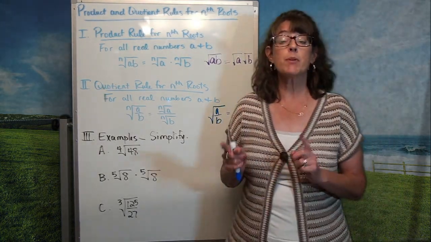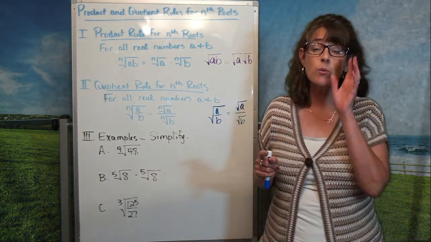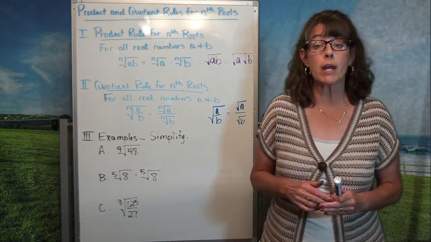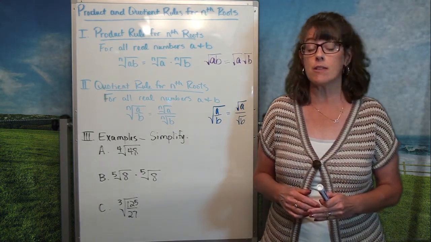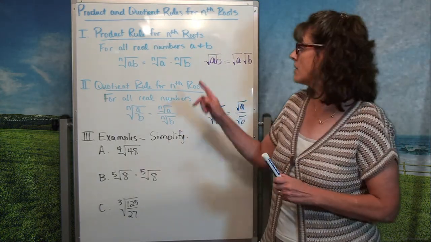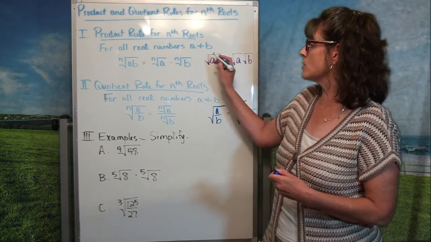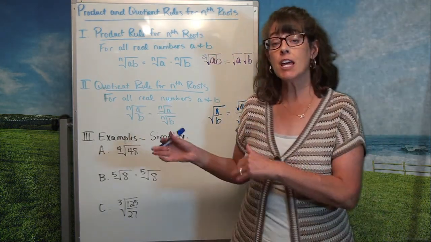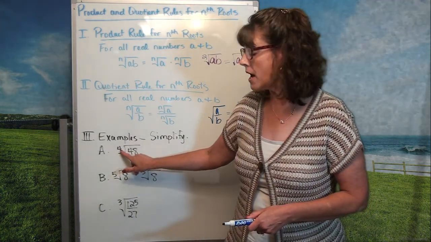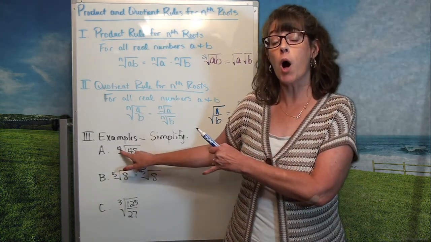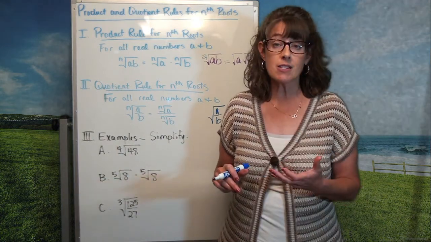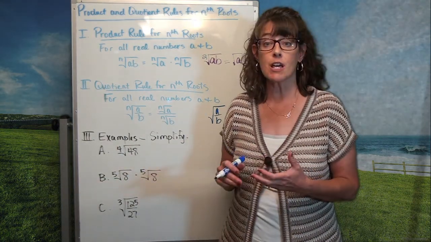And remember, simplify means, when it was square roots and I was simplifying, that meant I didn't want perfect squares or pairs underneath. Pairs because the understood index here is a 2. That's what tells me pairs. So with nth root, this means I don't want perfect quads or sets of 4. And frankly, that's the easiest way to do it, is to look for a set of 4.